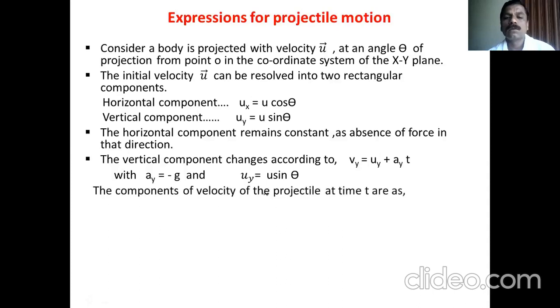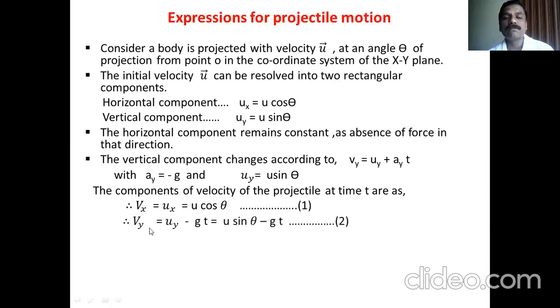Now the component of the velocity along the y-axis after time t is given by this. We know the velocity along the x-axis remains constant, so the final velocity vx after time interval t will also remain the same.